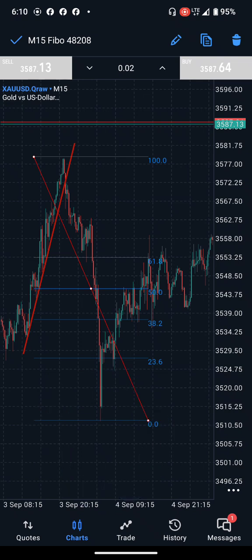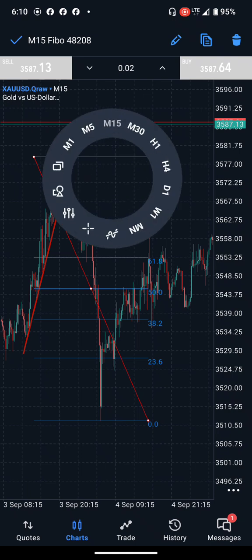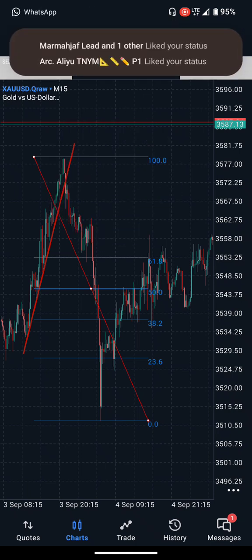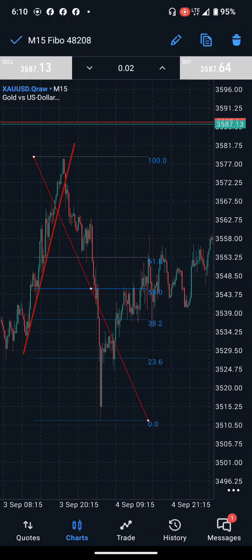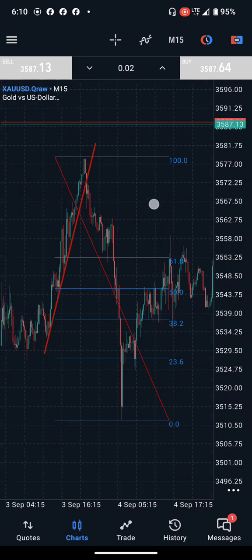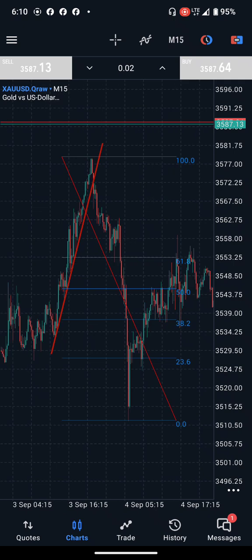So now, if the market is between 100 and 61.8, and the market is moving in a downtrend, whenever the market reaches 61.8, there's high chance that the market is going to reject that zone and go back to either 100 or thereabout.